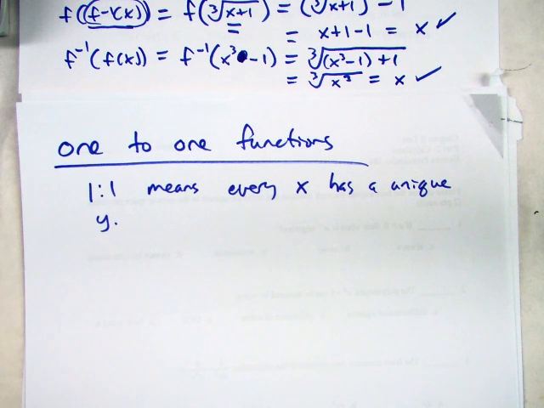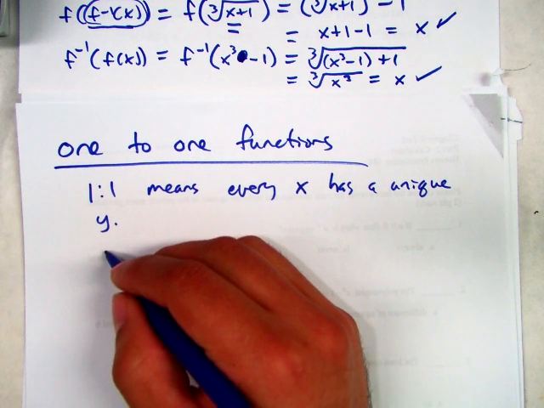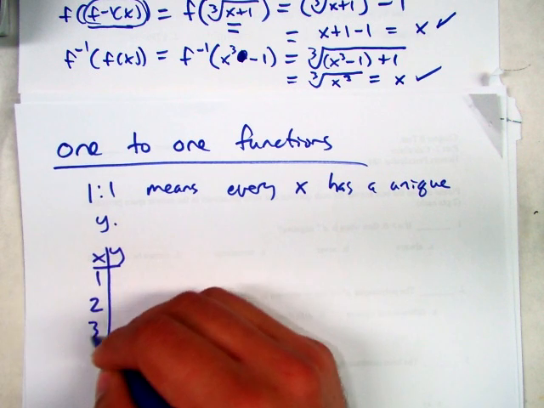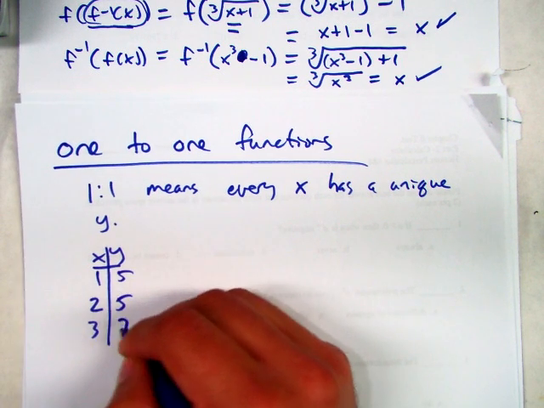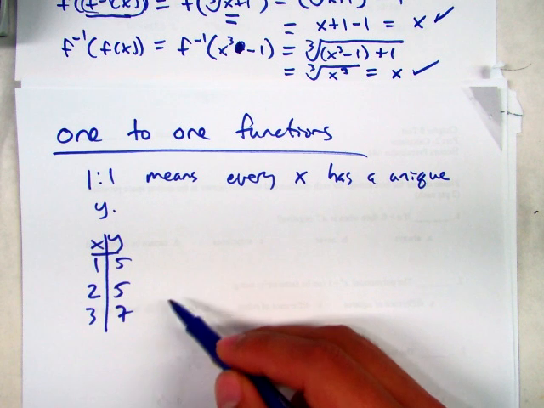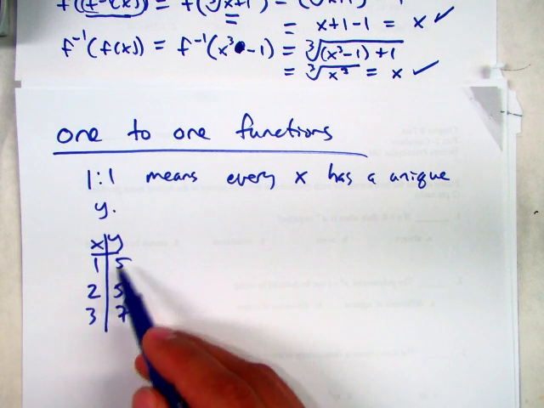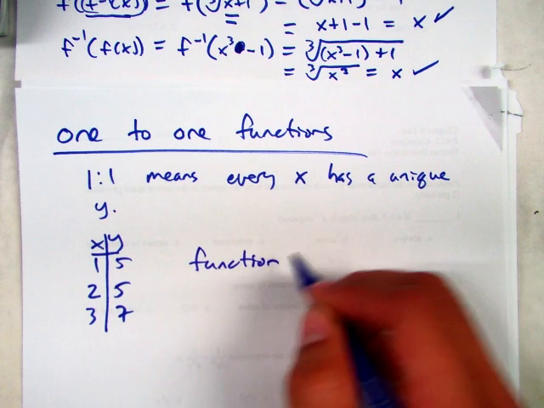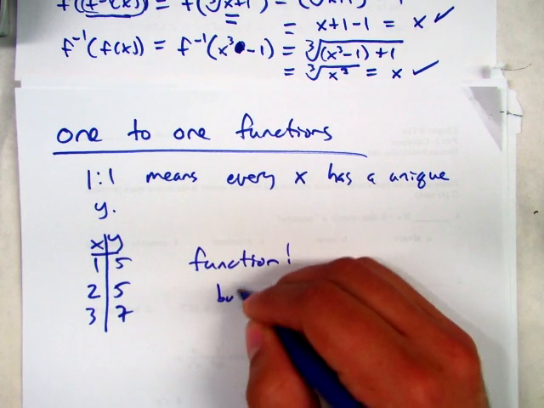So, for example, if I looked at a table, 1, 2, 3, and I saw 5, 5, 7, this would be a function. However, it's not one-to-one because 1 goes to 5 and 2 also goes to 5. Does that make sense? But not one-to-one.